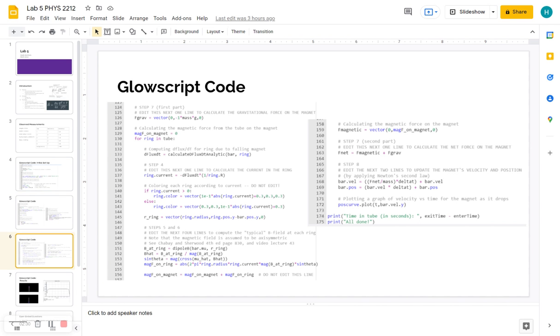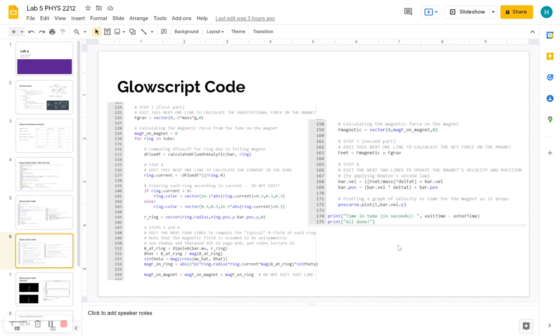Next, we have the gravitational force, which is in the negative y direction, and that is mass times the gravitational constant. And then we have the current on the ring, shown here, ring.current. And then we have the magnetic fields at each ring that we have to calculate at the bottom.